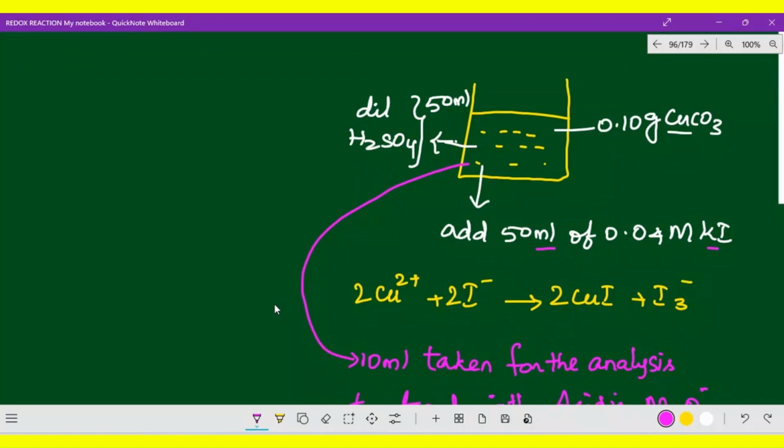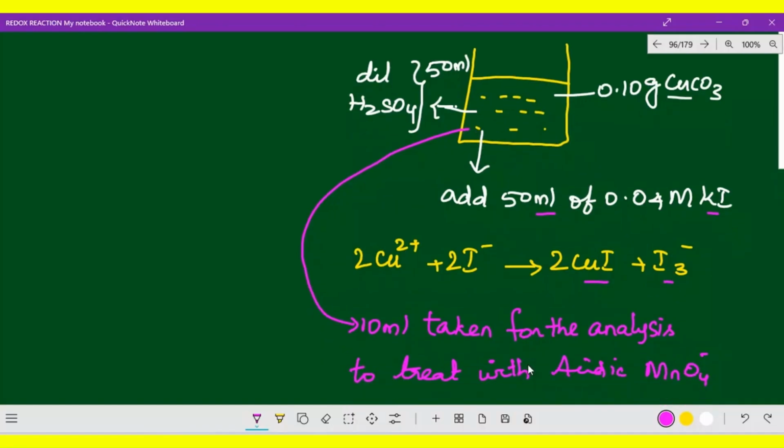Now in the solution, copper precipitates as CuI and I3 minus is formed, and a 10 ml portion is taken. So the reaction takes place: copper carbonate combined with potassium iodide gives copper iodide and I3 minus. Now in this, a 10 ml portion has been taken. Why do we take that?